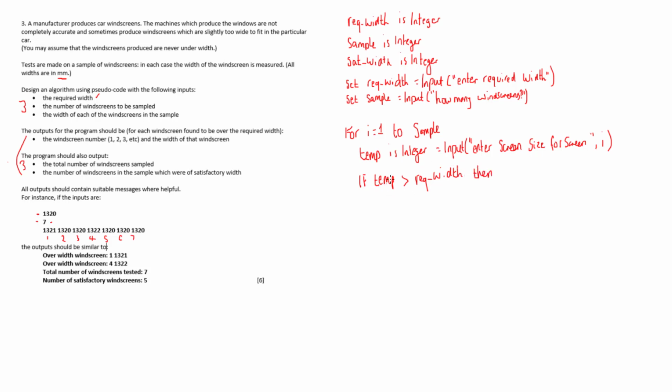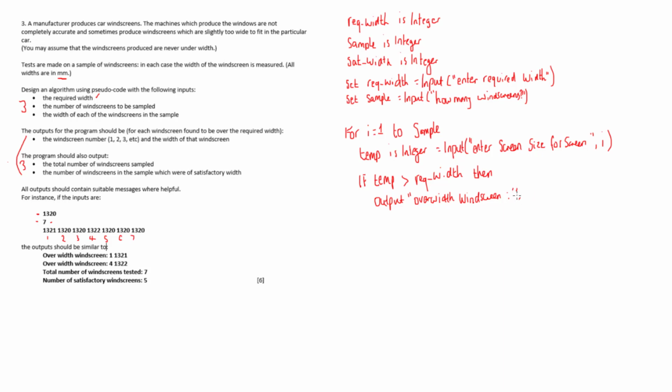It tells you that that is an over width windscreen. And the windscreen needs to be outputted, so it'll say over width windscreen, the position, and then the actual value. So I'll put an output here: over width windscreen and its position.